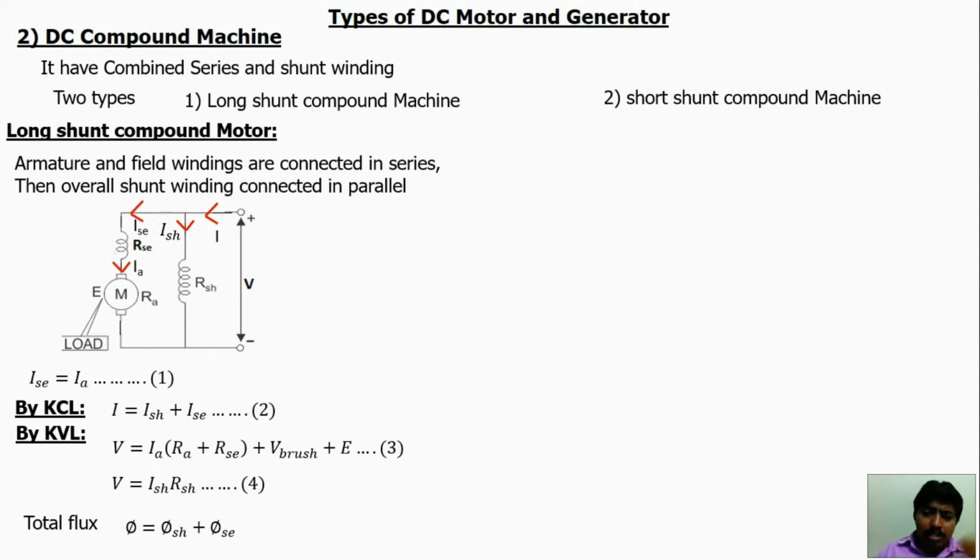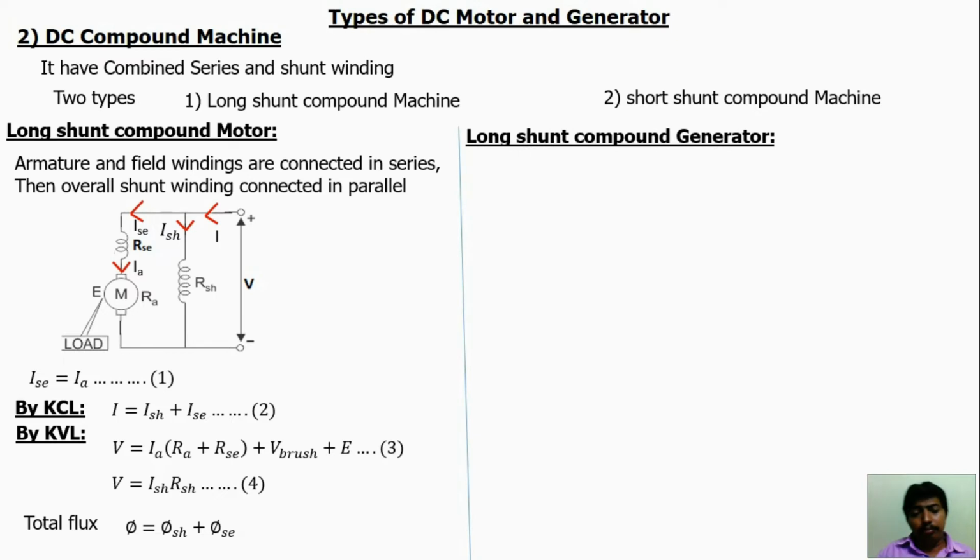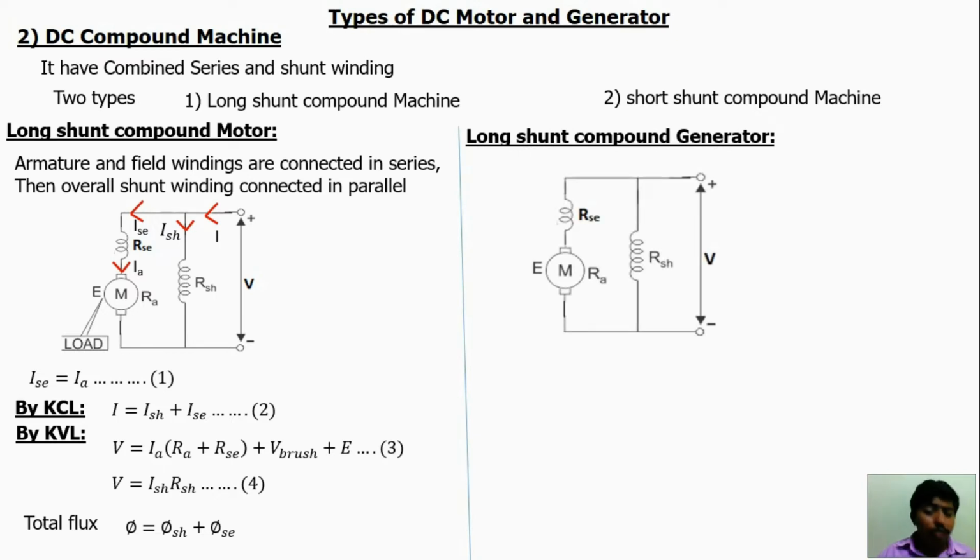Next we will discuss the long shunt compound generator. Same concept, same diagram, but only the current direction is different. Here the voltage is developed at the armature side, the current flows from the armature and is delivered to the load. So this current is IA, then this current is ISE.